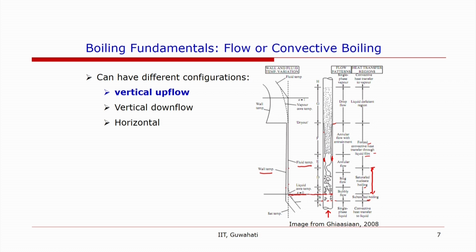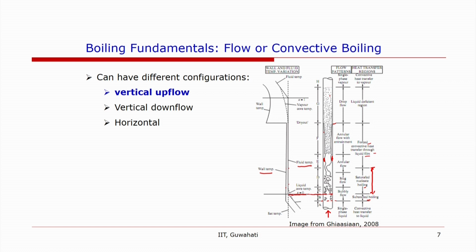That means there is no liquid film in contact with the wall, and vapor is directly in contact with the wall. As you can see here, the wall temperature shoots up, and the heat transfer is very inefficient in this region, and then finally there is only vapor phase present, and one will have only single phase vapor in the channel.